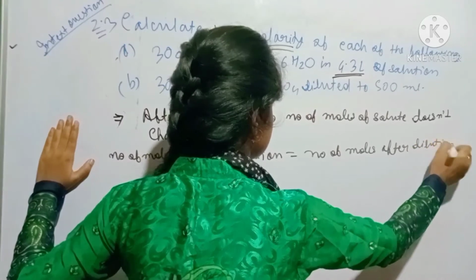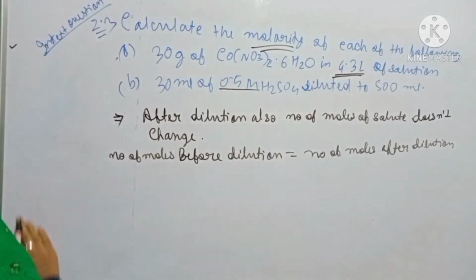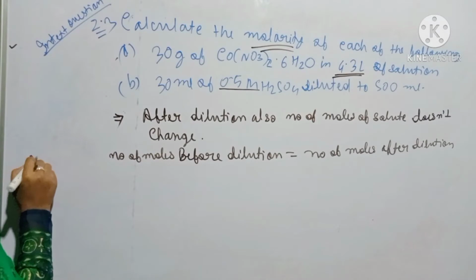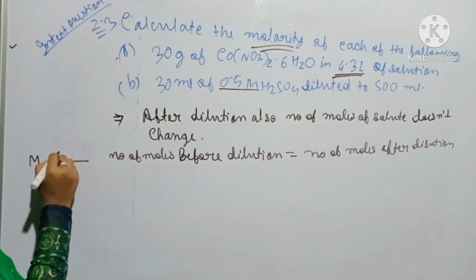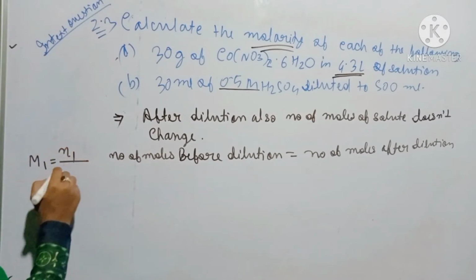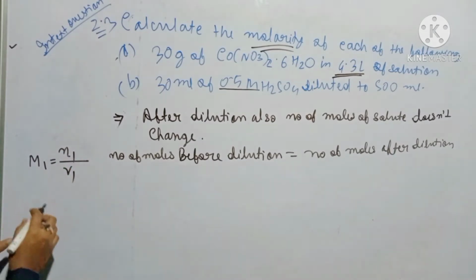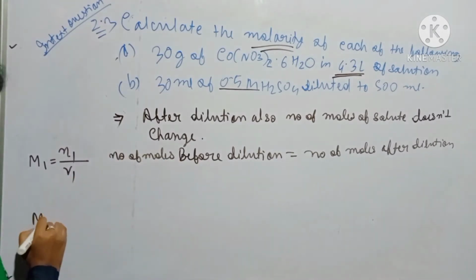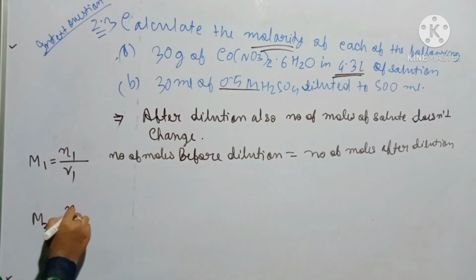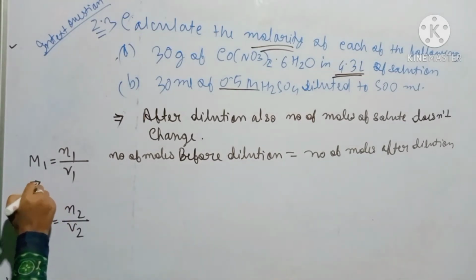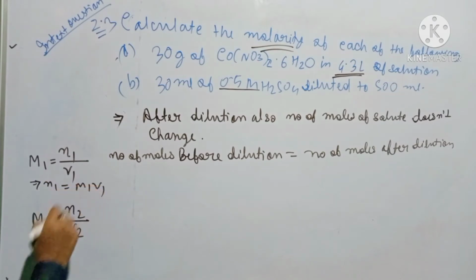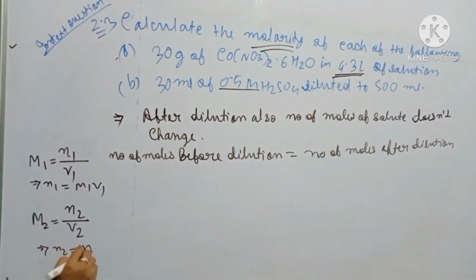Let's assume that before dilution your molarity is M1, your number of moles of solute is N1, and your volume is V1. And after dilution, your molarity is M2, your number of moles of solute is N2, and your volume is V2. So N1 equals M1 V1 and N2 equals M2 V2.